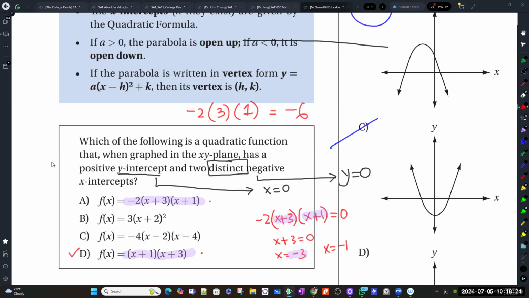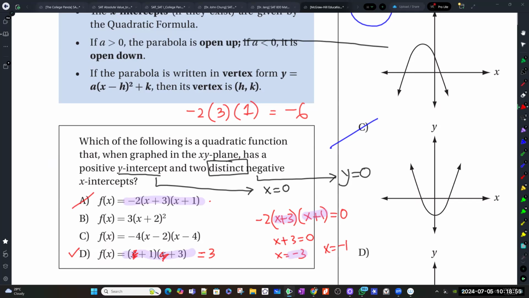Some of you would do this in your head. You'd say, oh, this is 0, and you'd just multiply 1 with 3, and you'll know it's 3. Those who will not do this in their head will just put 0. Once you've eliminated A, you know the answer is D. But if you're in that unsure category, if you're one of those students who still needs affirmation, you would need to plug it in.